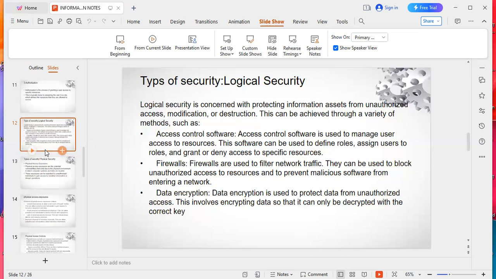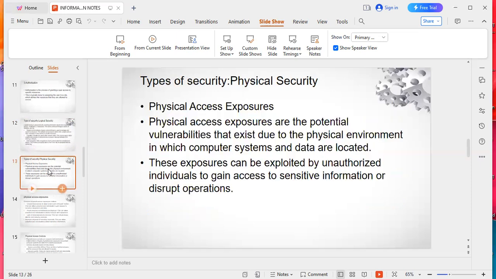Then you have data encryption also at the logical level. This is meant to protect data from unauthorized access. It changes data into an unreadable format that only the person with the key can decrypt and change back into a readable format again.